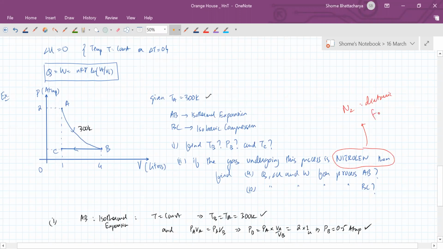So degrees of freedom is 5. So Cp's value will be 7 by 2R. So this we have to apply over here. So for BC, you can see isobaric. So Q will be nCp delta T. W will be nR delta T or P delta V.